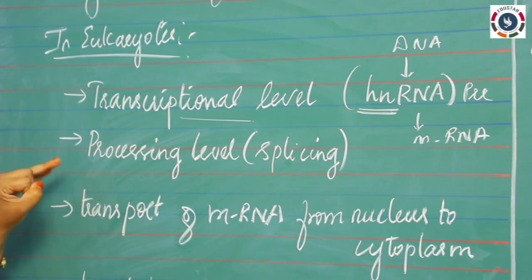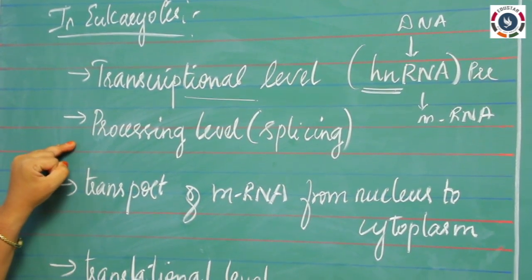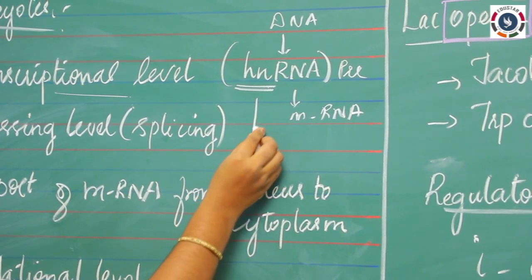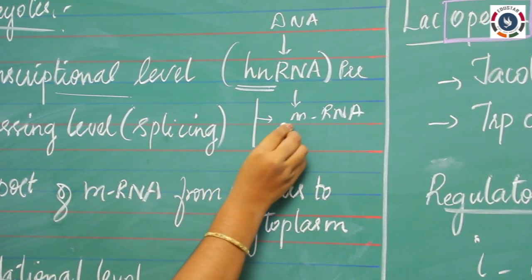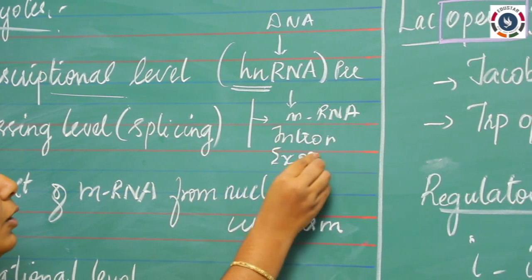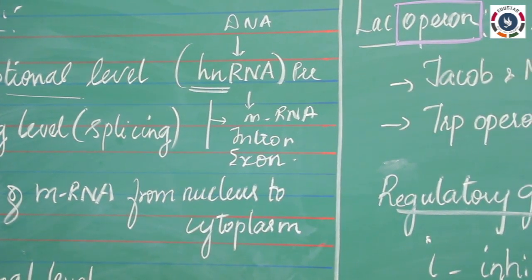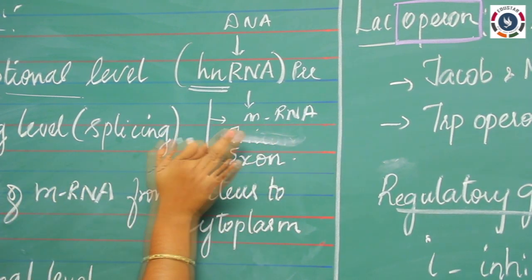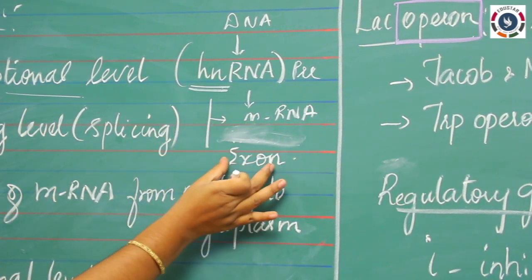Okay, so another one is the processing level. At the processing level, we know that our hnRNA has two kinds of regions. One is said to be the introns and another one is said to be the exons. We have coding as well as non-coding regions. Okay, so during the splicing process our introns will be removed and we are left with only the exons.